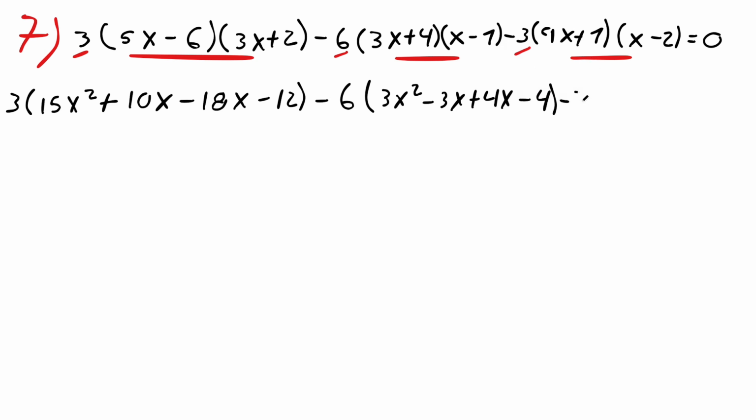Minus 3, and then the next set of parentheses, 9x times x would be 9x to the power of 2, minus 18x, plus x, minus 2. That would be equal to 0.